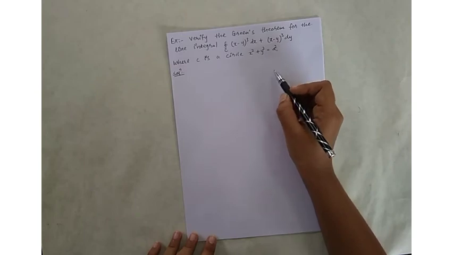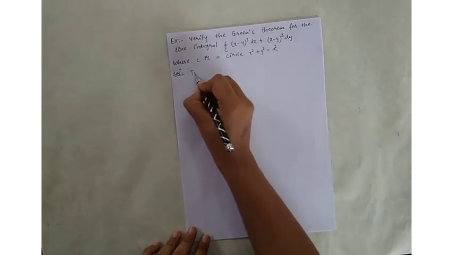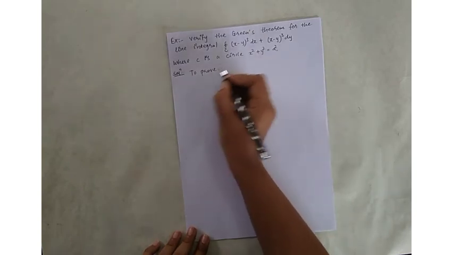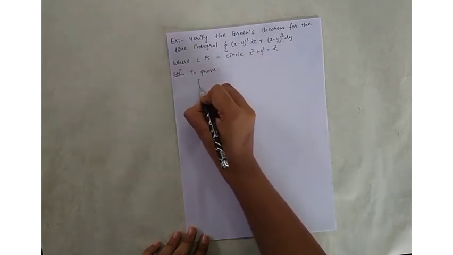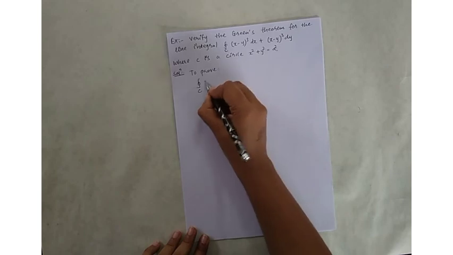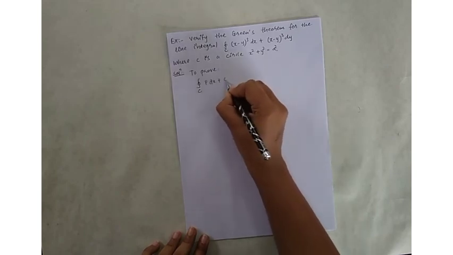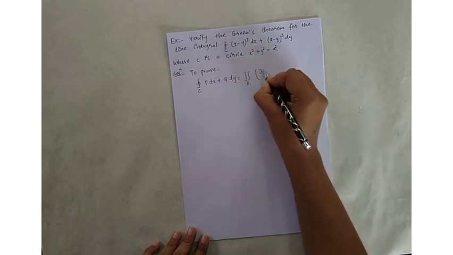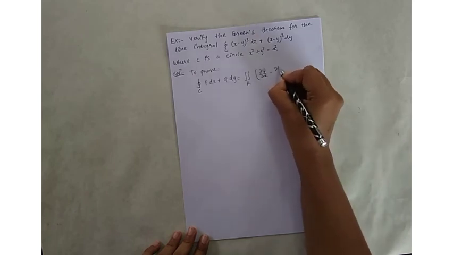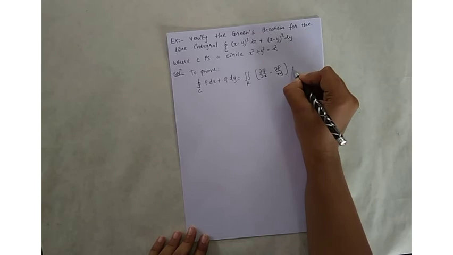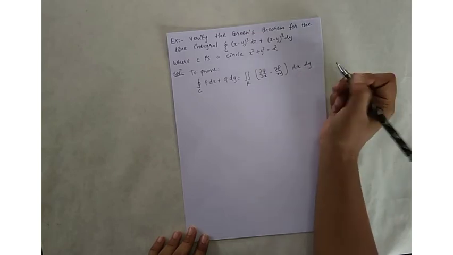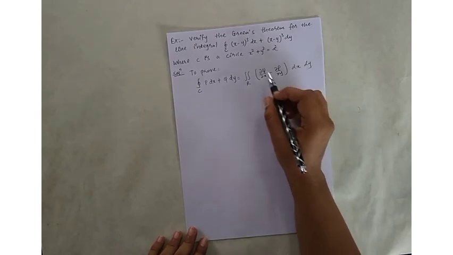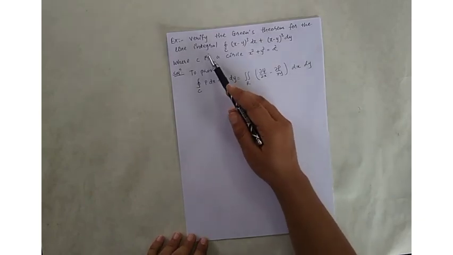So for the solution, to prove or to solve Green's theorem, Green's theorem is integration of p dx plus q dy is equal to double integration over the region R of del q by del x minus del p by del y dx dy. So the value of this is equal to the value of this, which we have to prove.